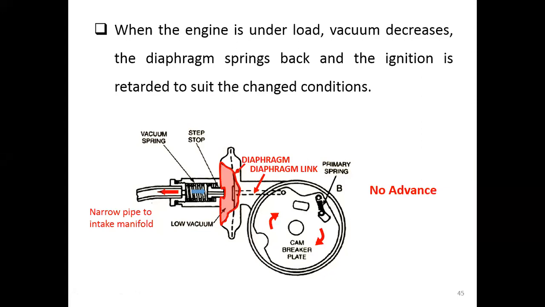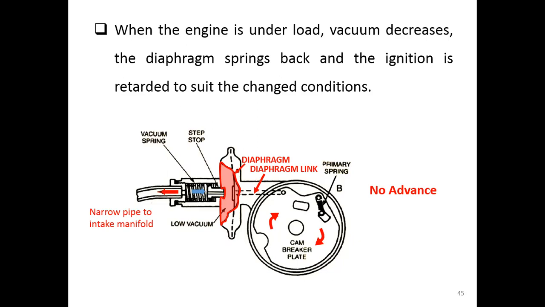So when the engine is under load, vacuum decreases, so the diaphragm springs back. The engine is retarded or delayed to suit the changed condition. If the engine has more load, the amount of vacuum will decrease, which means more air and fuel mixture flows in, because now the engine is under loading.